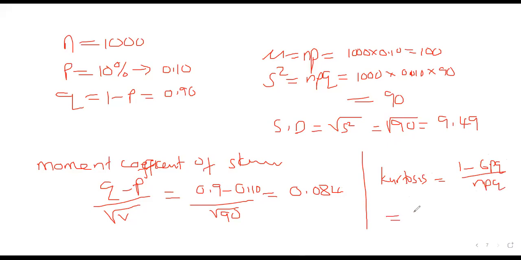So 1 minus 6, times 0.10 and 0.9, then divided by 90. The NPQ is 90. The final answer there will come out to be 0.0051. So these are the answers that you're supposed to have.